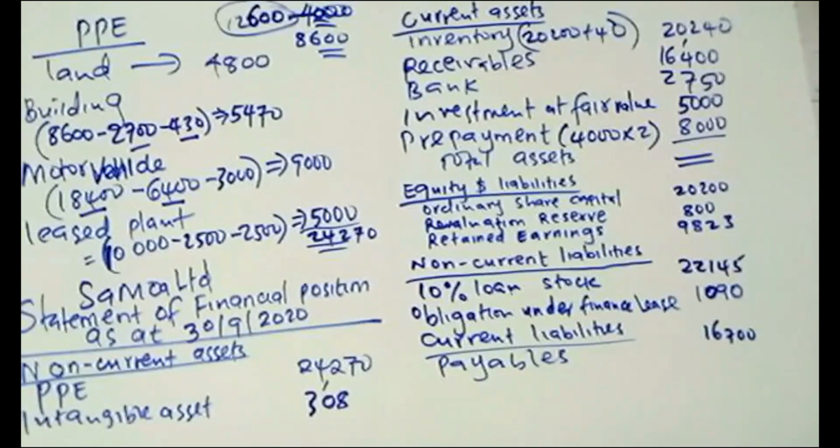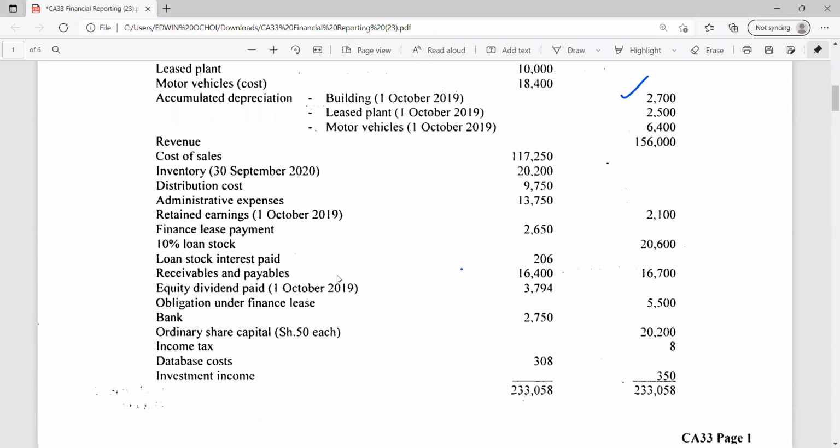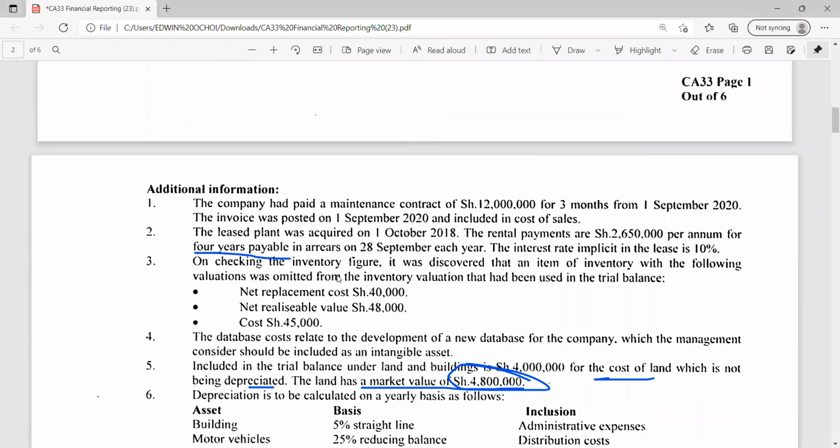Obviously, you know that current tax is a current liability. Deferred tax is a non-current liability, but here there was no deferred tax. There was only current tax and some over provision, which we deducted.